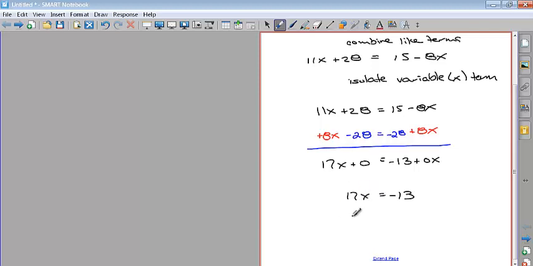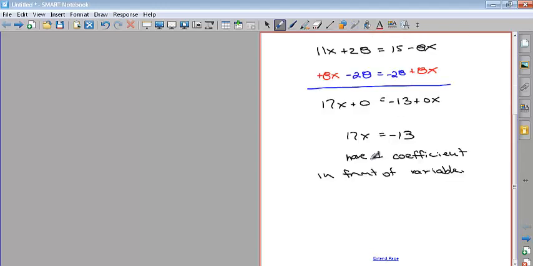And the final thing is to have one coefficient in front of the variable. So in this case, the variable is x.